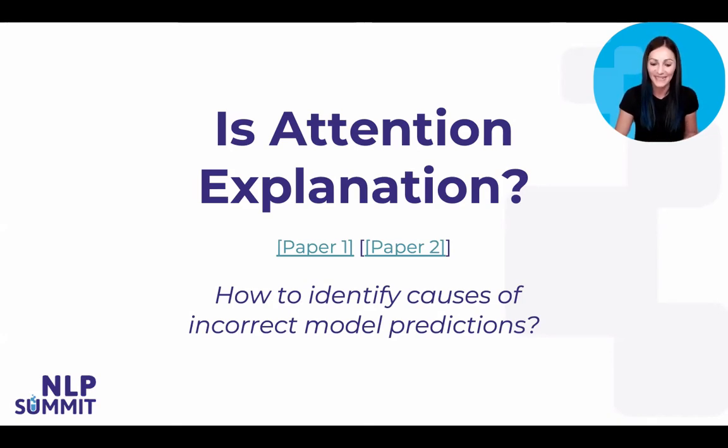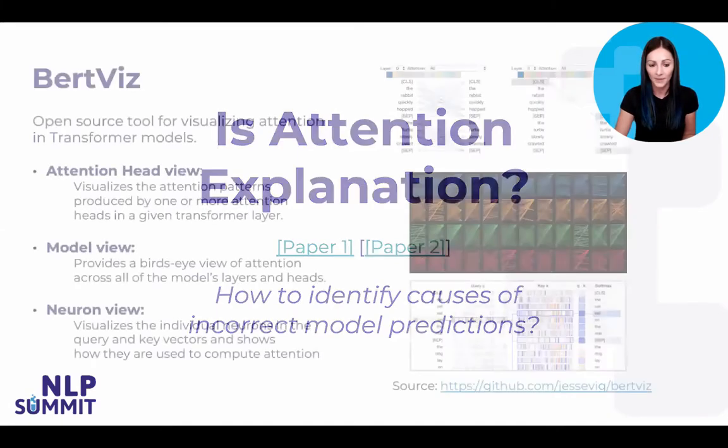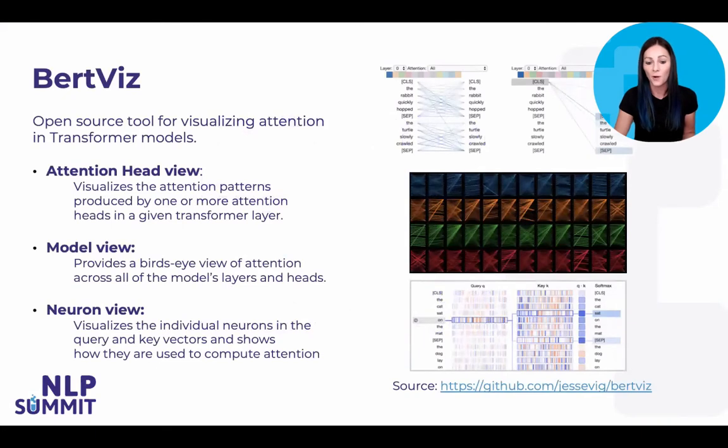So it's really 2 fun papers if you have some time to read. The root cause task again is, how can we identify the causes of incorrect model predictions? Visualization is definitely one part which helps us to understand the model a little bit better. But to really explain, there might be a couple more steps that are needed.